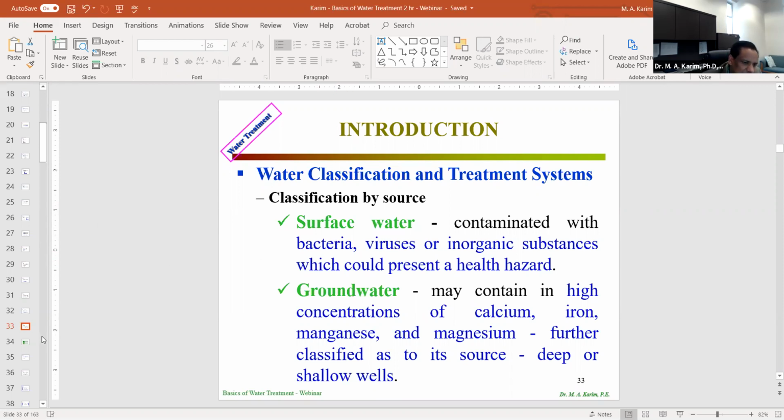So there is a third source, called the rainwater source. It is not a huge source, because certain areas may not have enough rainfall to start with.